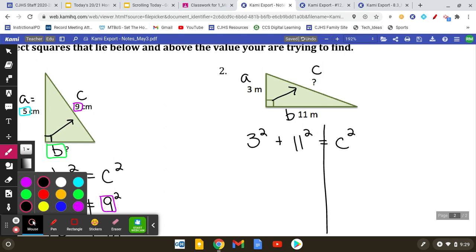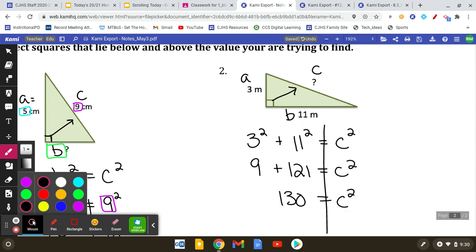I have to find the answer. So what's 3 times 3? 9. 9 plus, what's 11 times 11? 121, equals C squared. What's 9 plus 121? 130 equals C squared.